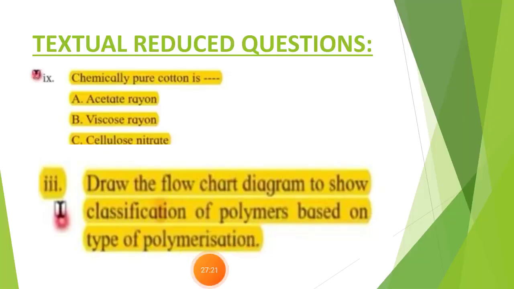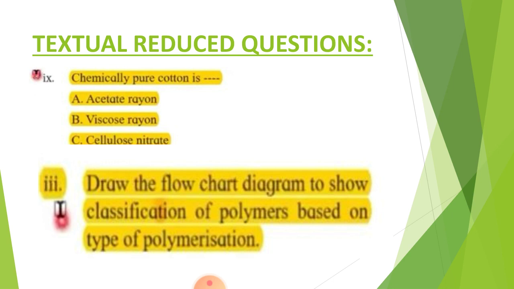The questions which have been reduced for the chapter: see in your textbook page number 337. On page number 337, your first question is choose the correct option from the given alternatives.